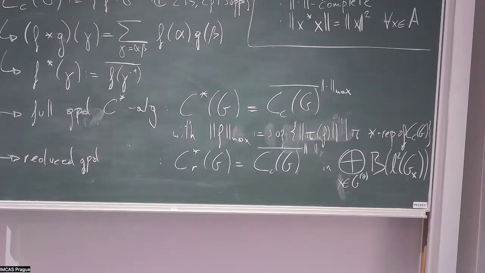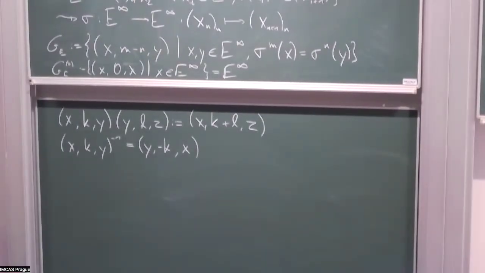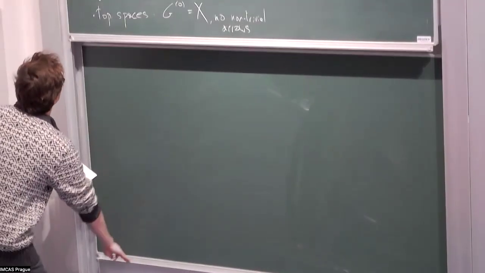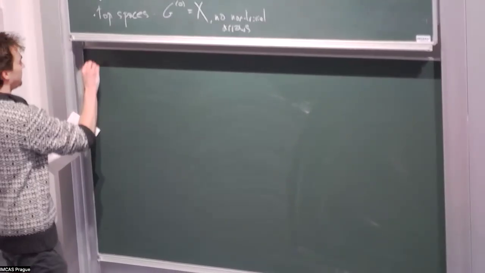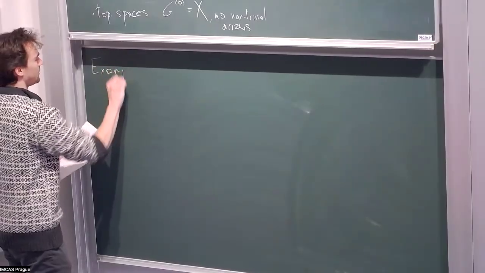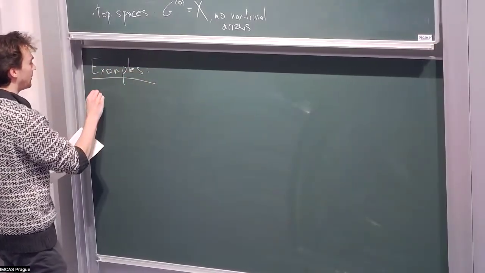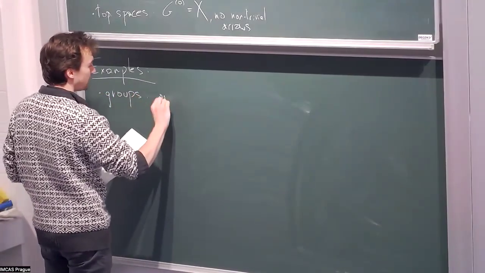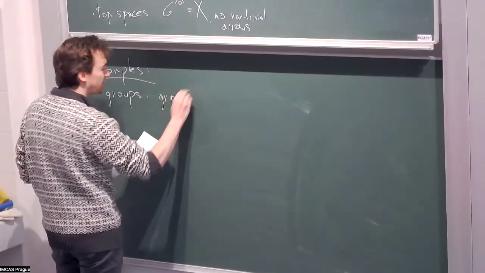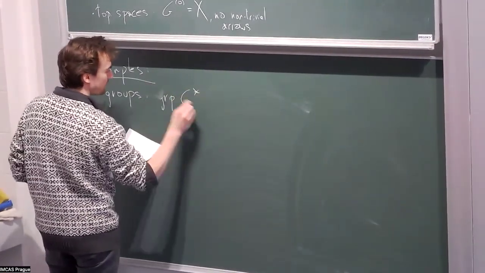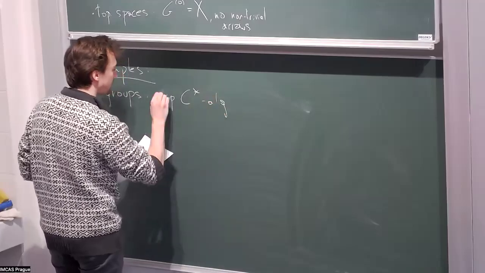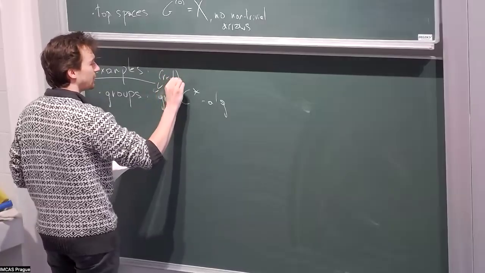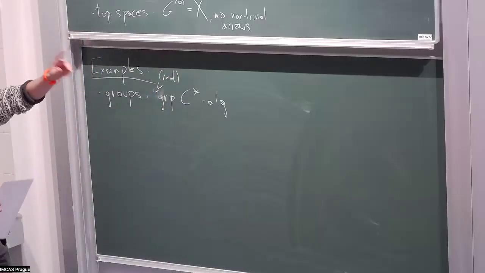And let me finish by confirming that for this construction, as I mentioned for groups, this gives you back the group C-star algebra as expected, or the reduced group C-star algebra, depending on which one of the two you take.